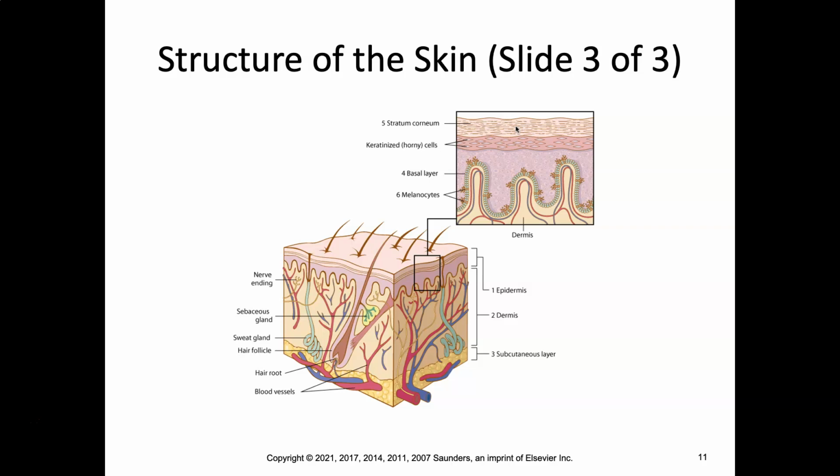Then underneath of there is a layer of keratinized or horny cells, and I think that's from the shape of those. And then you have your basal layer, and in that basal layer, you have these melanocytes. And we're going to talk a little bit more about those as we go on, and how they interact and what they do. But the layers here are for you to see.